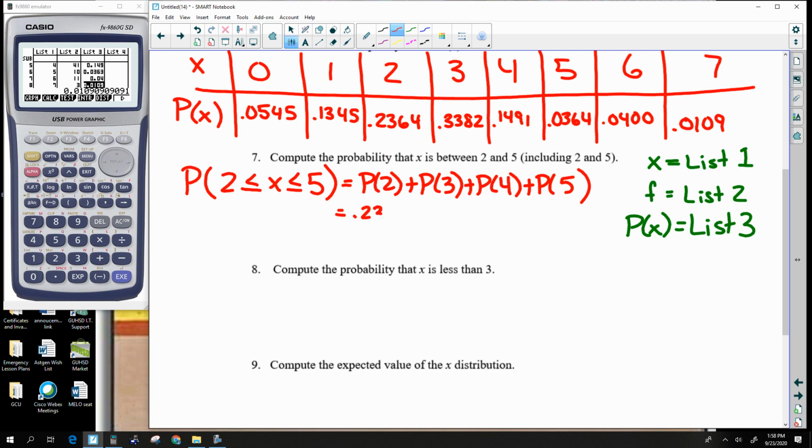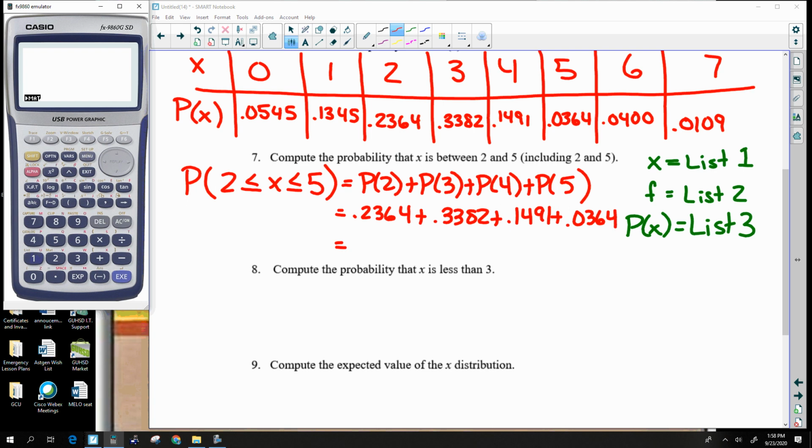So that is 2 3 6 4, 3 3 8 2, 1 4 9 1, and 0 3 6 4. And there you have your probability.